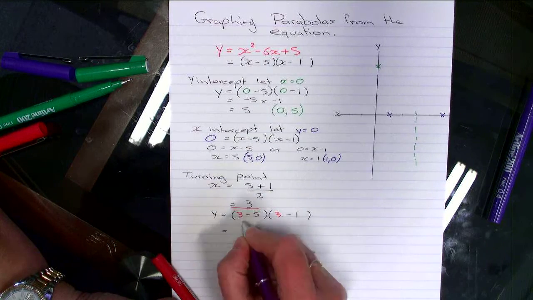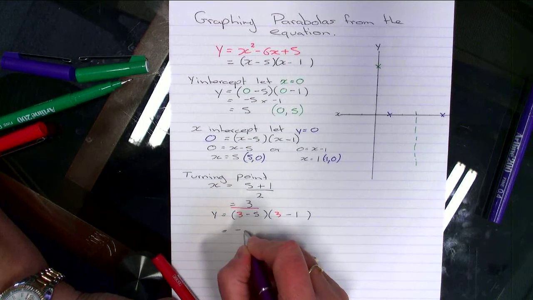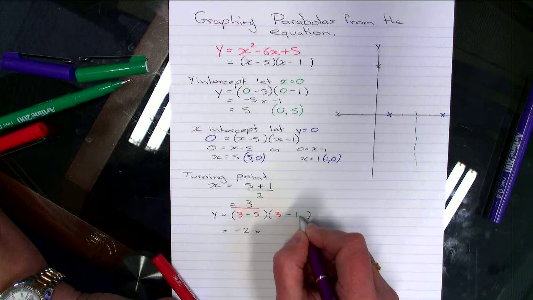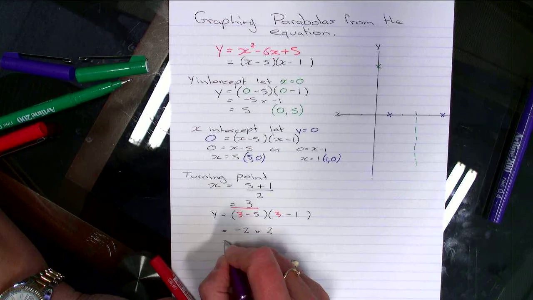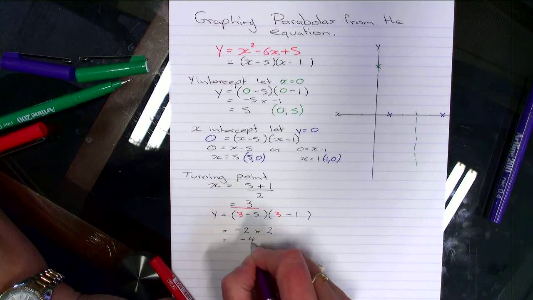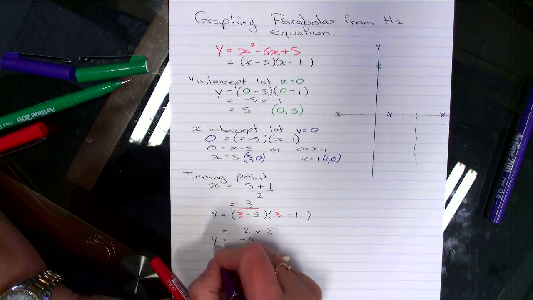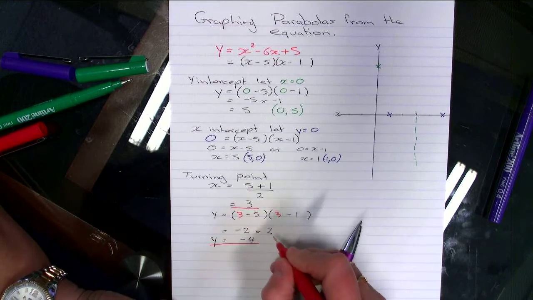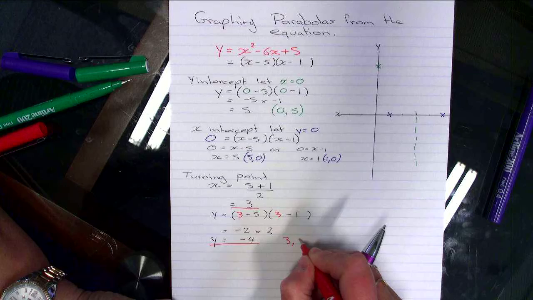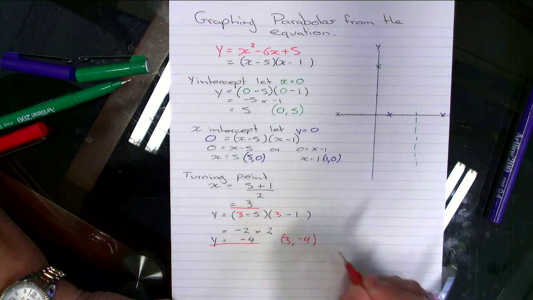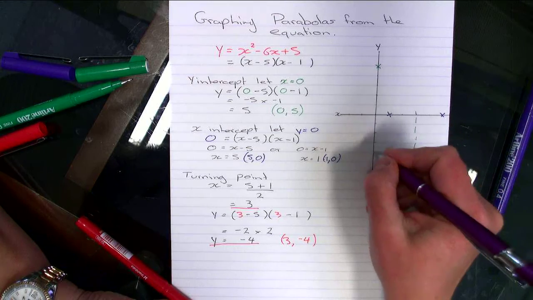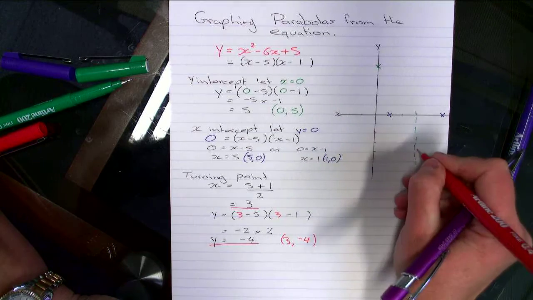So we've got 3 minus 5 is minus 2, times 3 minus 1, which is 2, so it is minus 4. So we know that y equals minus 4. So our turning point is going to be (3, minus 4). So we've got our 3, and if we go down 1, 2, 3, 4, this is our turning point here.